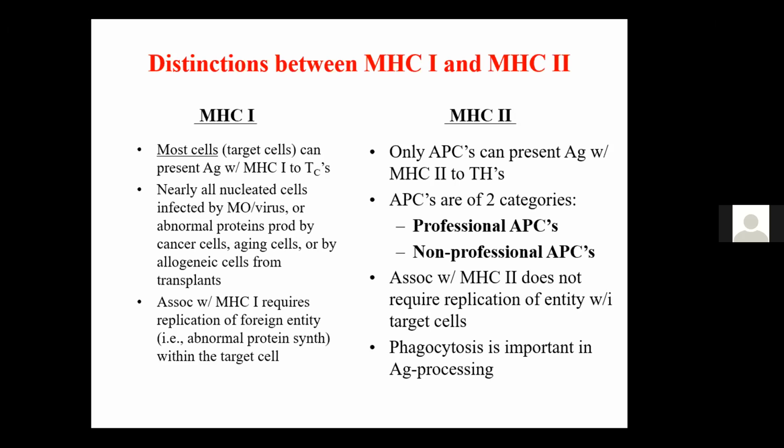Depending on if it's MHC class 2, obviously that becomes a target for the T helper cells. Non-professional antigen presenting cells are other cells like the Langerhans cells or some special epithelial cells of the skin, which can play a role in presenting an antigen even though they are not professional phagocytic cells.